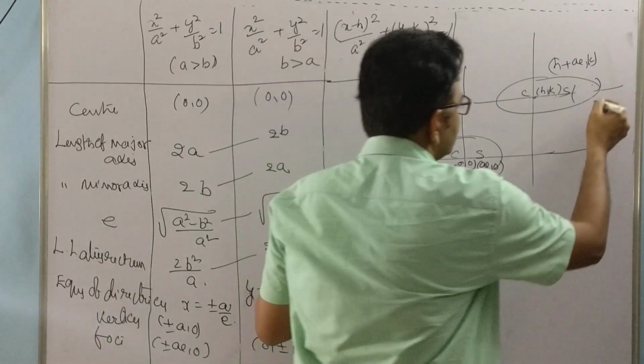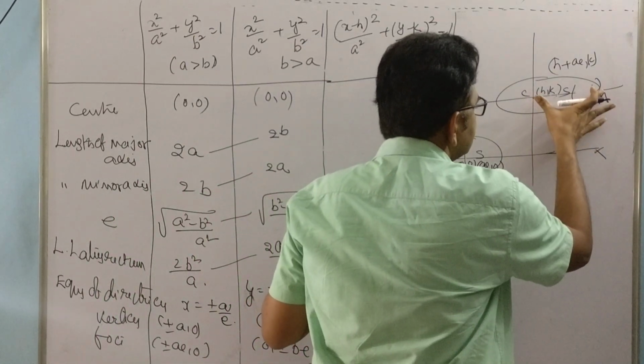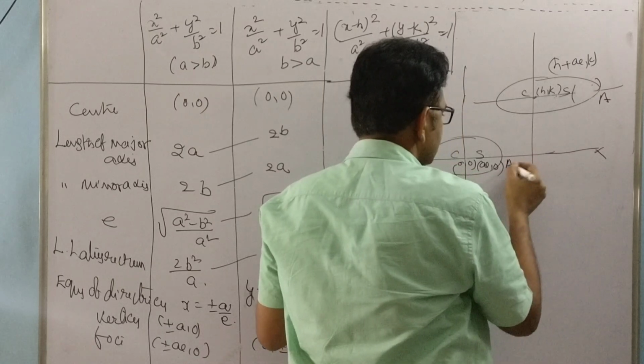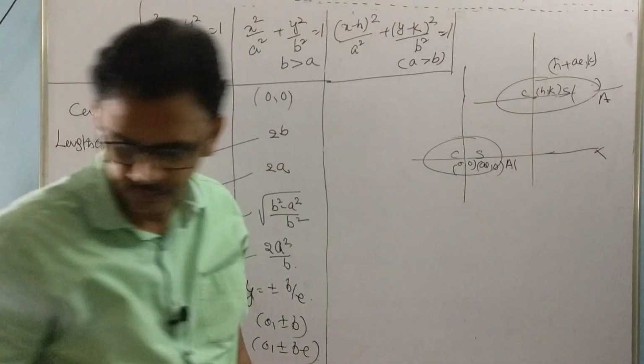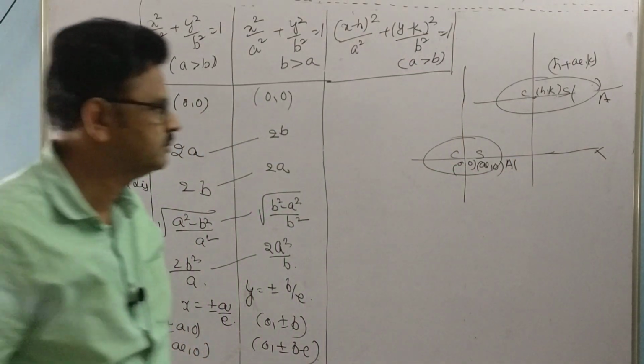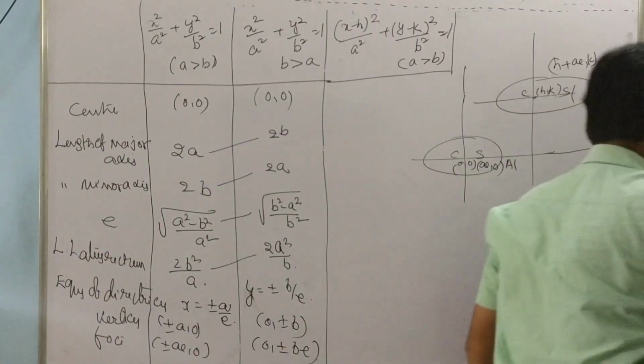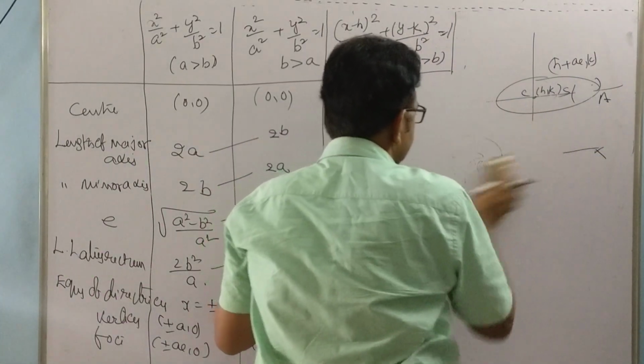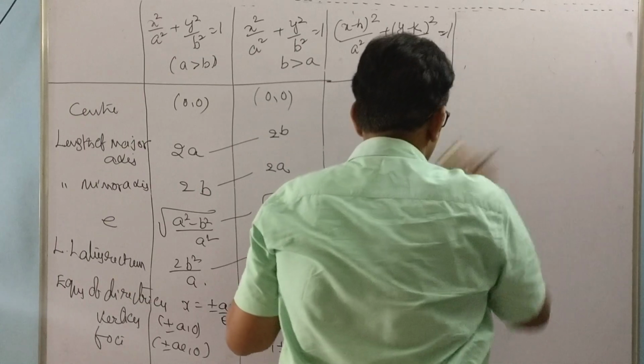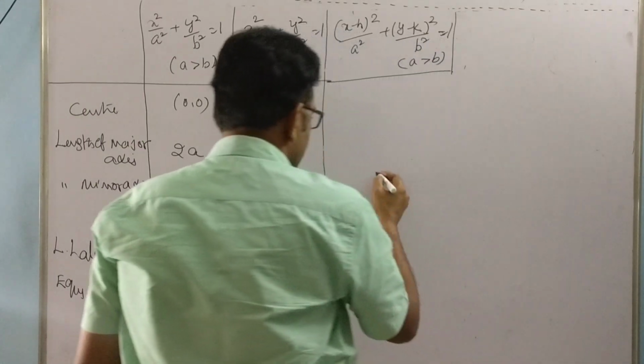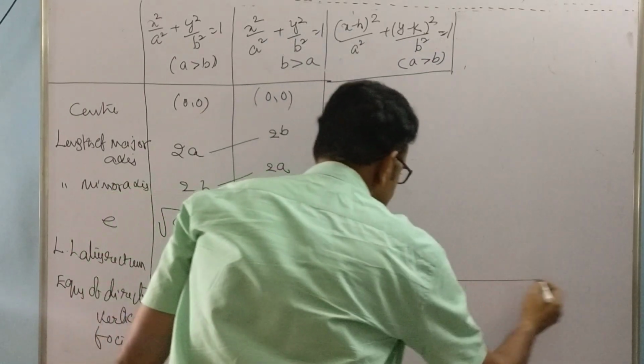And what about A coordinates? This distance is a units. I can draw it bigger.